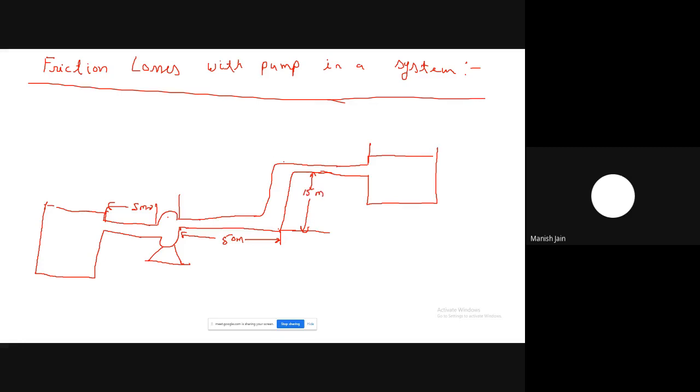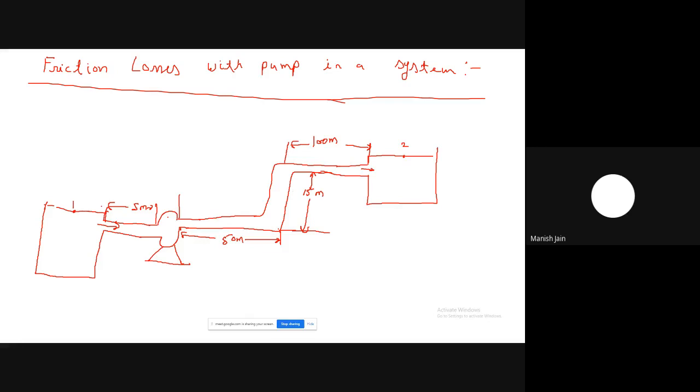Then after the elevation, this pipe is 100 meter. So this is tank 1, this is point 1, this is point 2. You are pumping the fluid from point 1 to point 2.